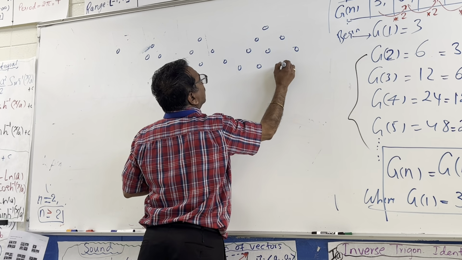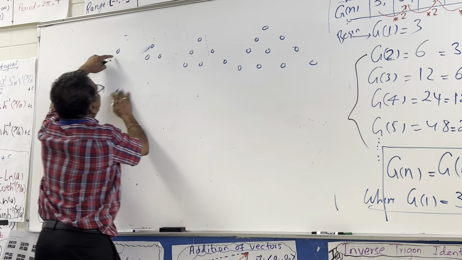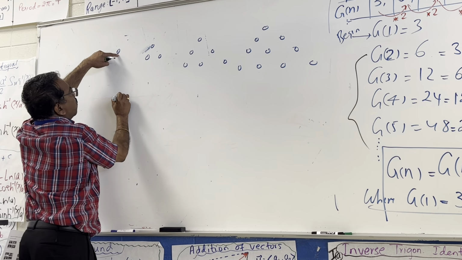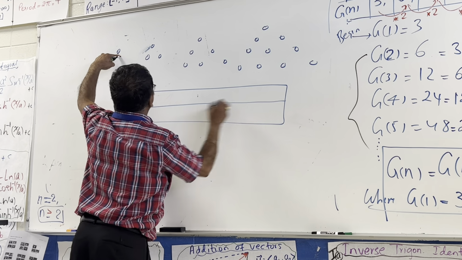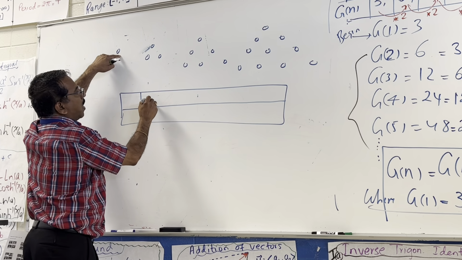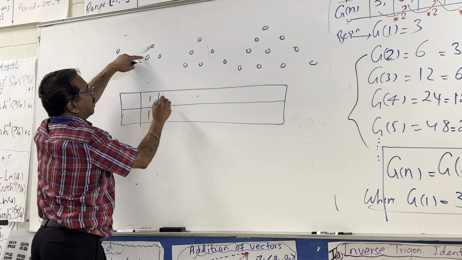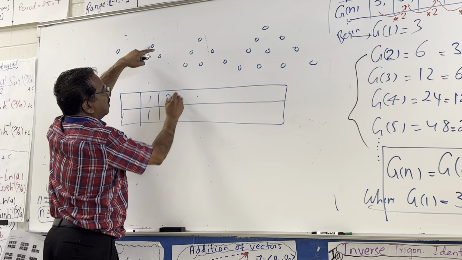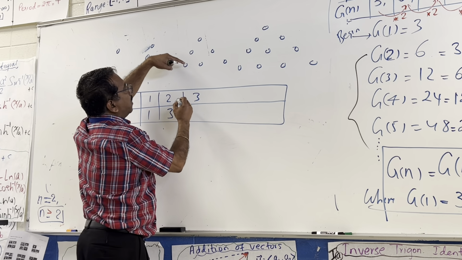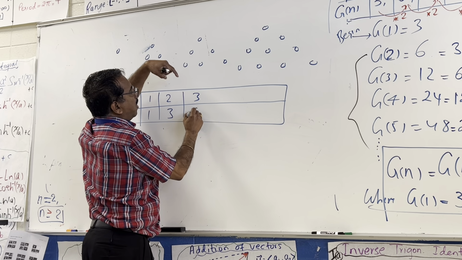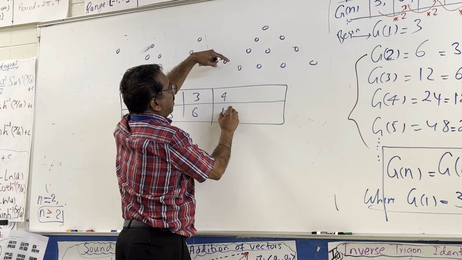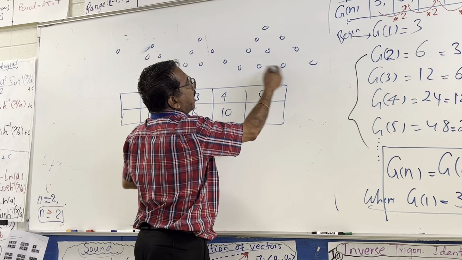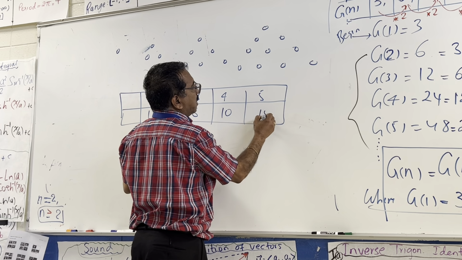So when you saw the sequence, the first one was 1 dot, the second position there were 3 dots, the third one there were 6 dots, and the fourth, you can see there are 10 dots. If you take the next one, you add another row with 5 dots.